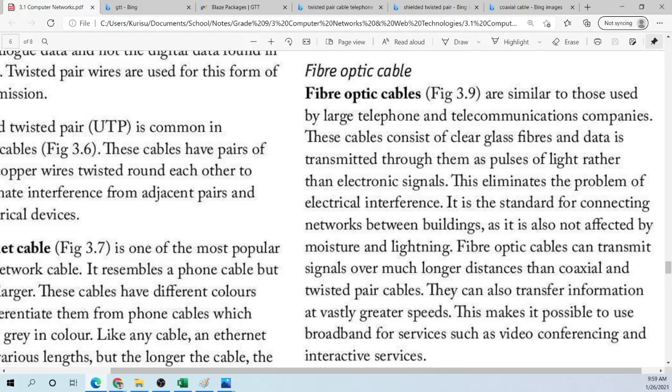Fiber optic cable can transmit signal over much longer distance than coaxial and twisted pair cables. They can also transfer information at vastly greater speeds. This makes it possible to use broadband for services such as video conferencing and interactive services. Good.